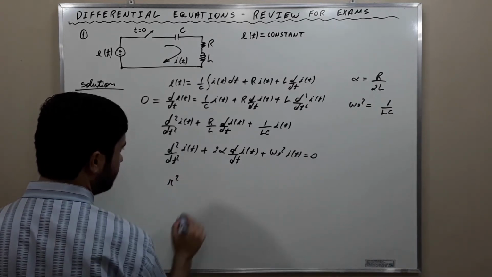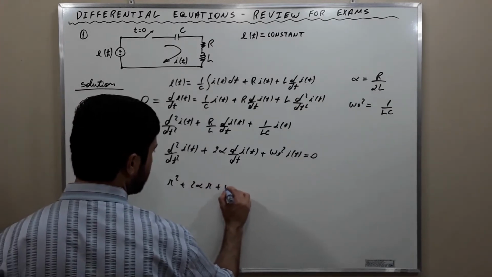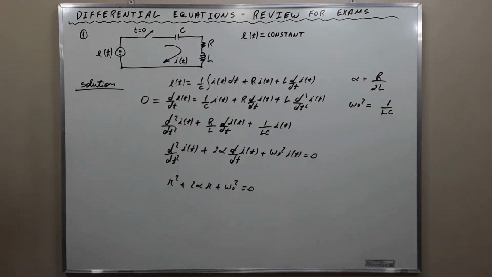r squared plus 2 times alpha times r plus w0 squared is equal to 0. Okay?